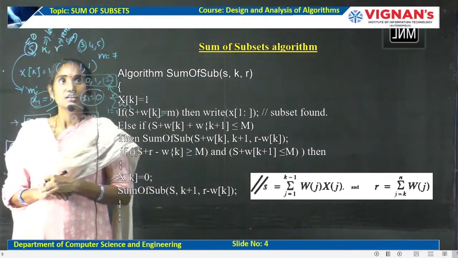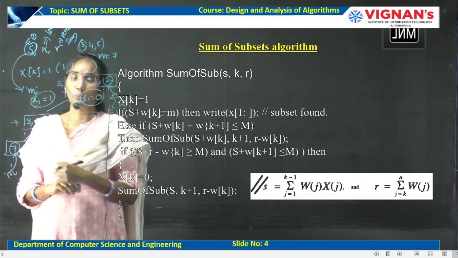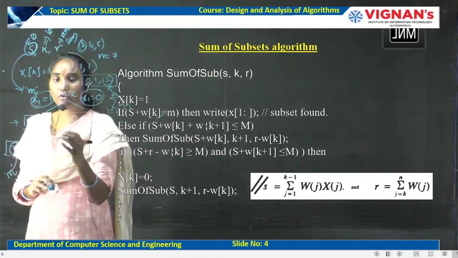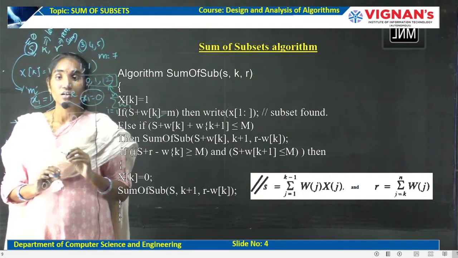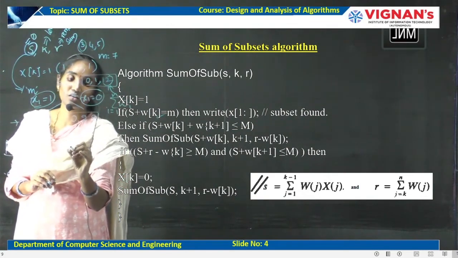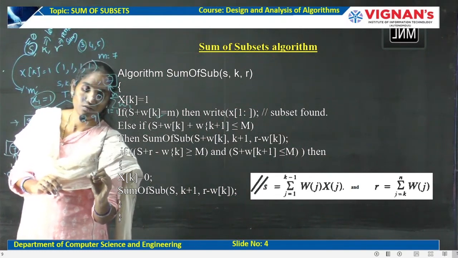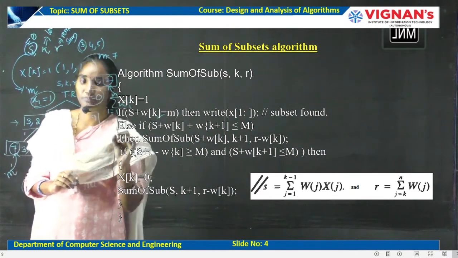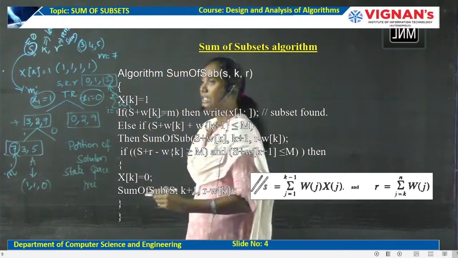Now, by seeing the question, are there any other solutions? No. Am I right or not? So if you want to expand, you can expand, otherwise you can leave it like this. But the figure name should be portion of solution state space tree.